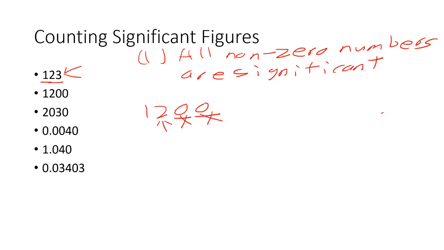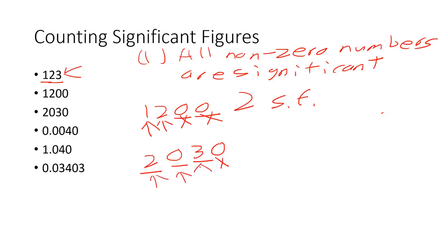We only count this one and this one. So this number has two significant figures, and I'm just going to abbreviate that SF. Then we have the next one, a number like 2030. In this case, this zero isn't going to count because it's not between two non-zero numbers. This 3 and this 2 count because they're non-zero. And this 0 counts here because it is between two non-zero numbers. So this number has three significant figures.